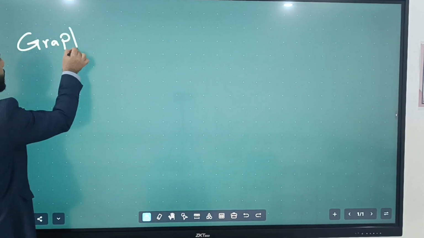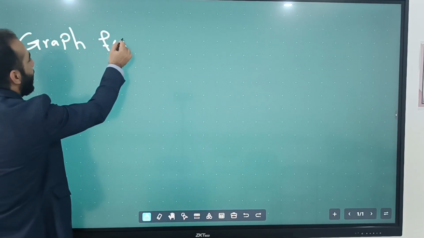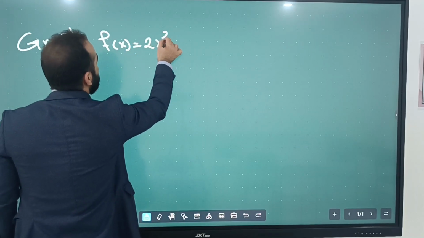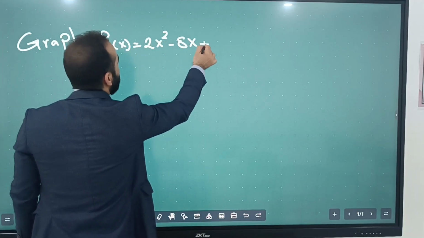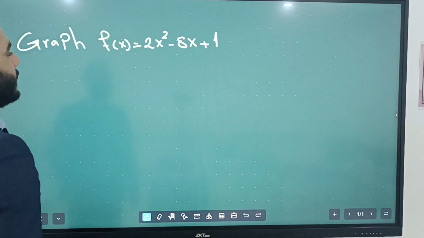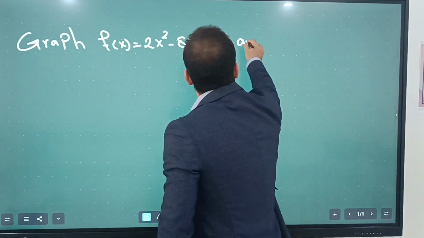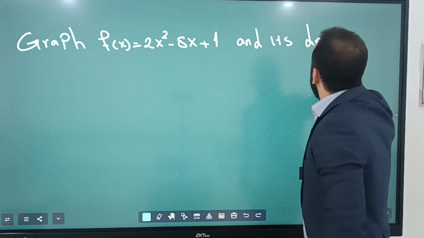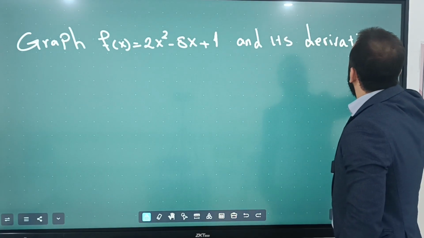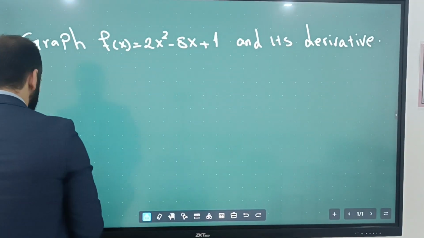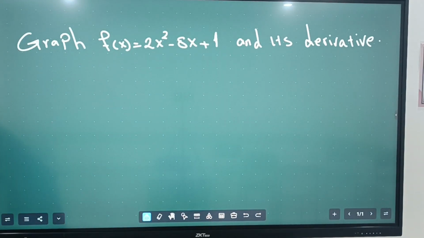Graph f of x equals 2x squared minus 8x plus 1, and its derivative. That is going to be the last question regarding graphing.